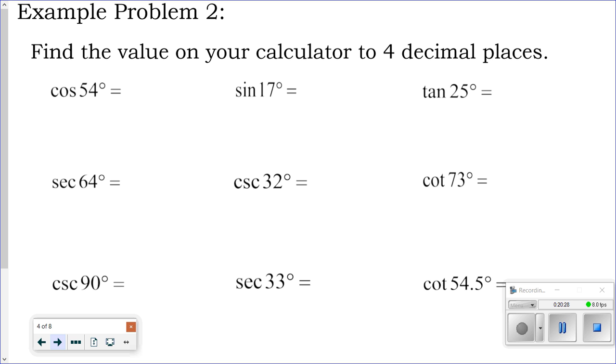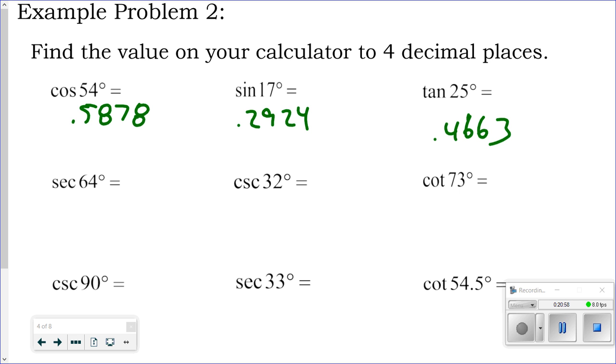So, the cosine is 0.5878 rounded. The sine is 0.2924 rounded. And the tangent is 0.4663.